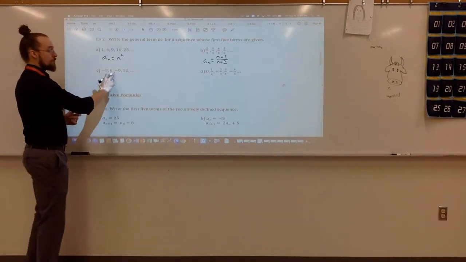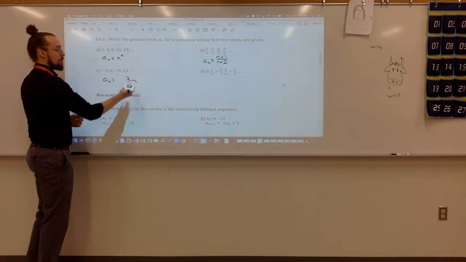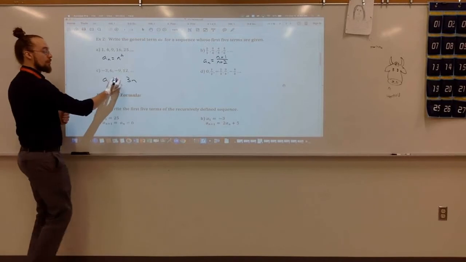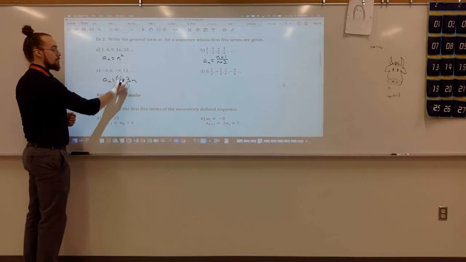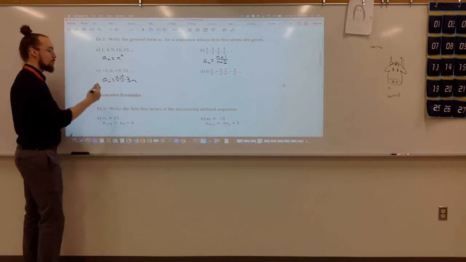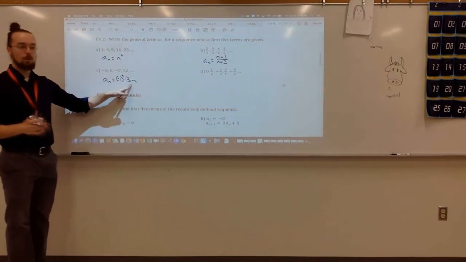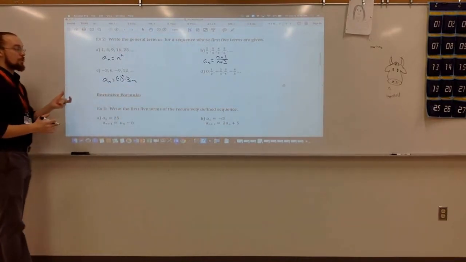So if I know that I'm multiplying the value by 3 every time, but I want the signs to alternate, I'm just going to throw a negative 1 to the n power onto this. I know that I'm going 3, 6, 9, 12, but I want the signs to alternate.